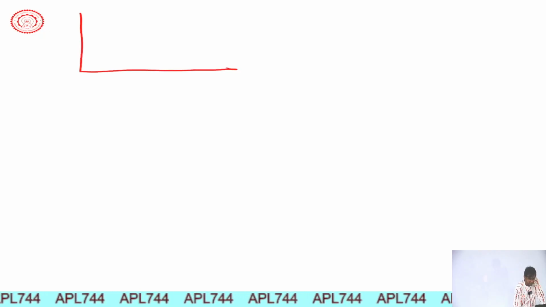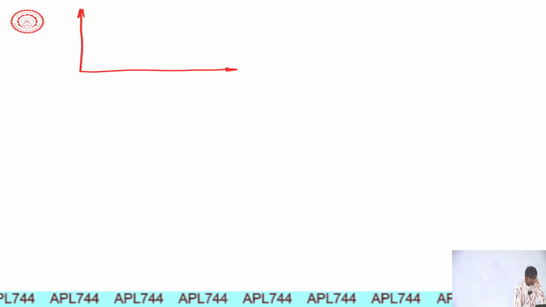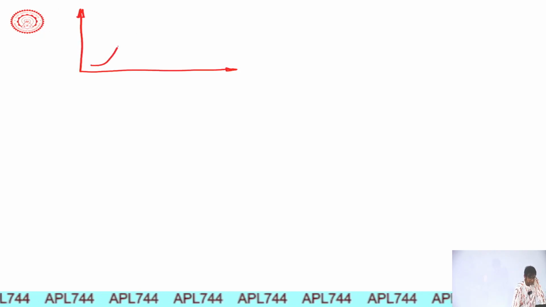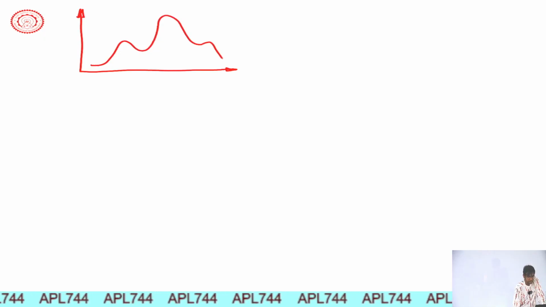Okay. So when I say samples are independent, in the law of large numbers I said that the samples are supposed to be independent. What does it even mean? Just for clarity, I think most of you should be aware of what it means. But say I have a distribution like this.